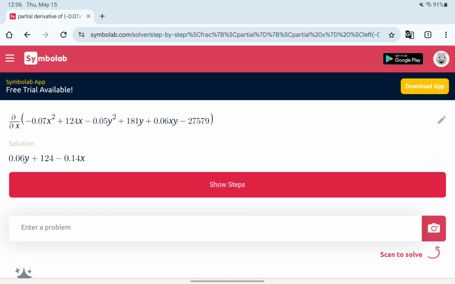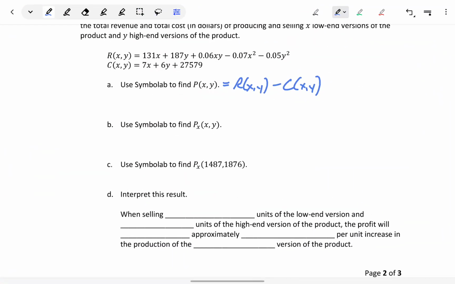And we'll evaluate that to get 0.06y plus 124 minus 0.14x.